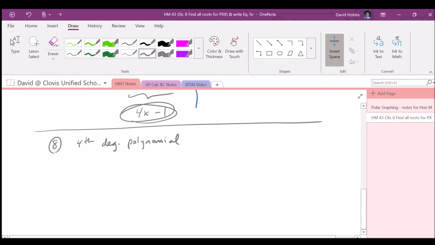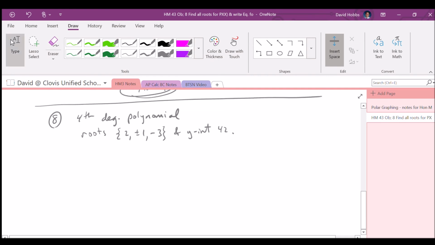It has roots 2 plus and minus 1 and -3. And also has a y-intercept of 42.